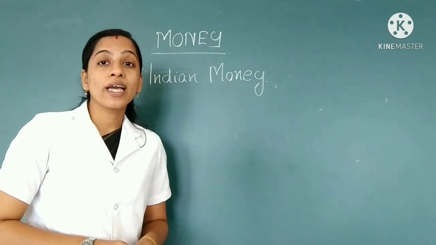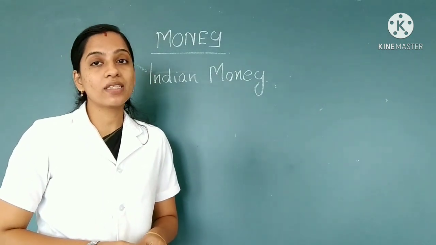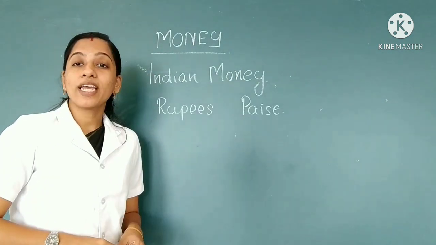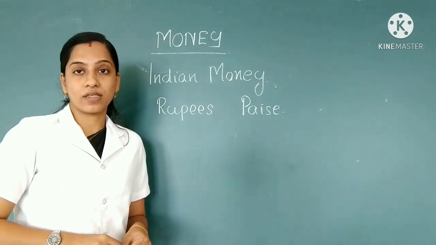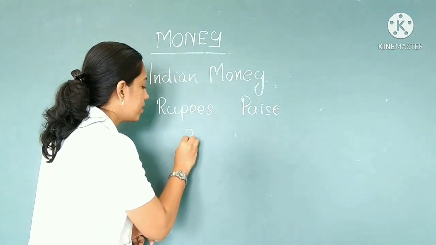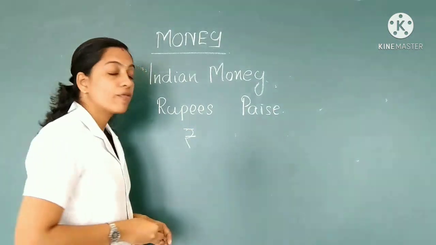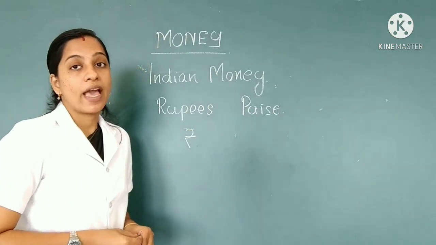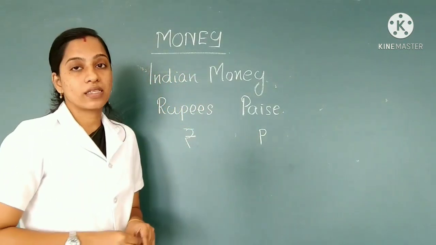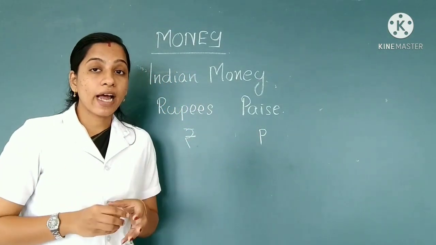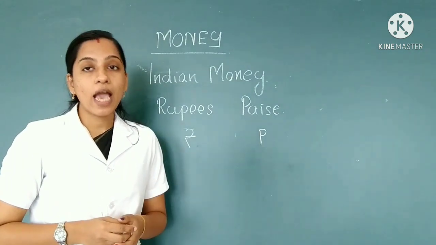I told you, Indian money is called rupees and paise. Our Indian government has introduced a symbol for denoting rupees. See children, this is the symbol we use for denoting rupees and the letter P is used for denoting paise. Children, we will write the symbol before the amount.